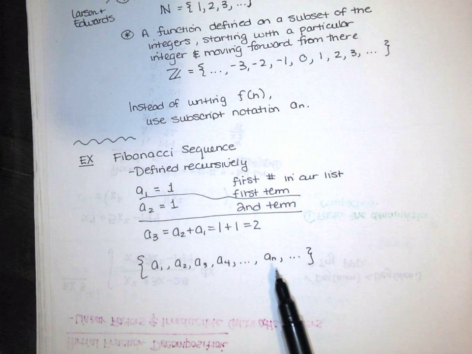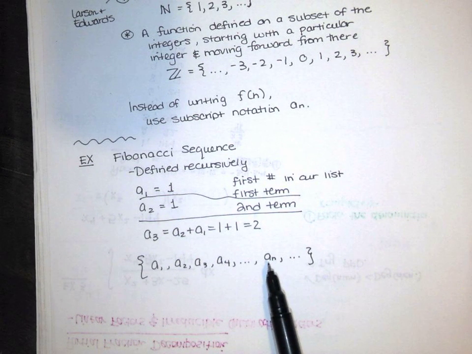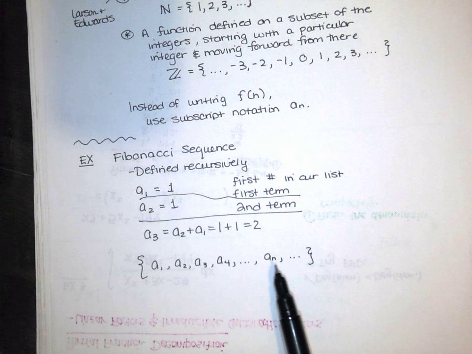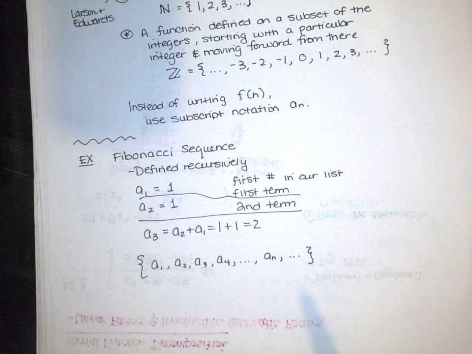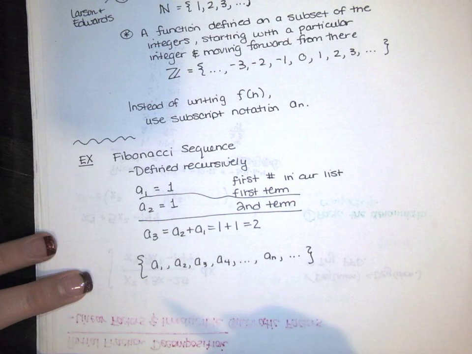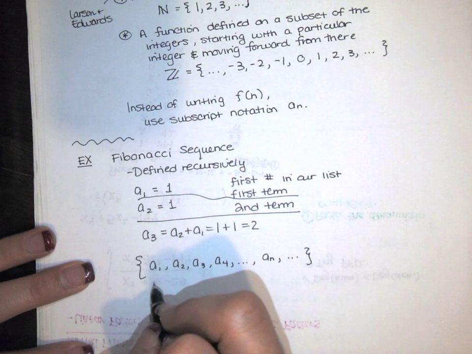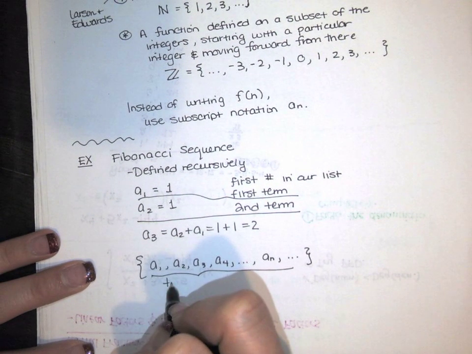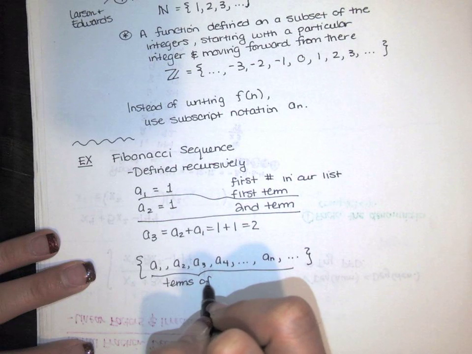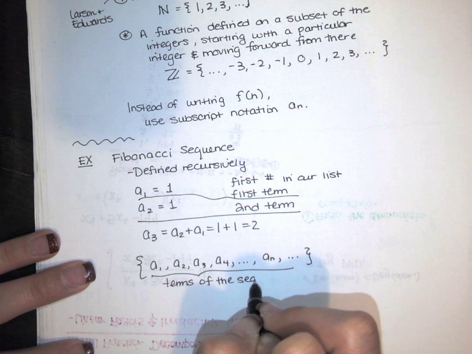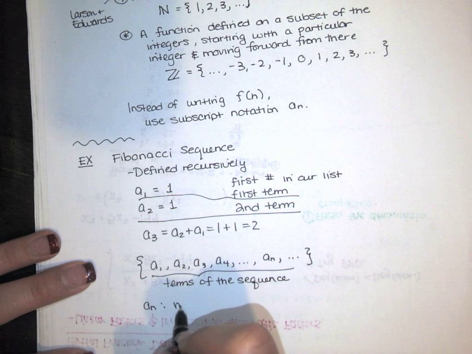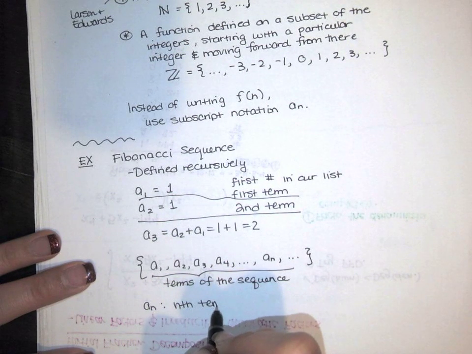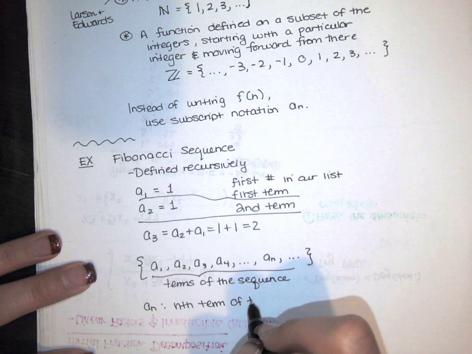If n is 10, it's the 10th number. So a sub n is the nth number on the list, and these numbers are called the terms of the sequence. And a sub n is the nth term.